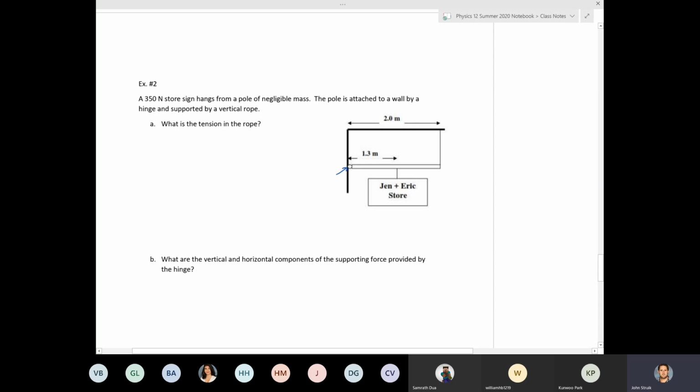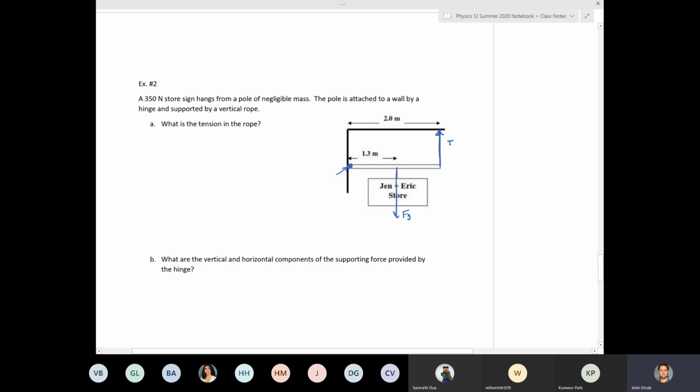So this store sign is pulling down on the beam that way, and the rope is pulling up that way. Now the first thing you want to do is figure out what's what. If this is our point of rotation, the force of gravity is acting away from that point, which means that it's going to cause torque.